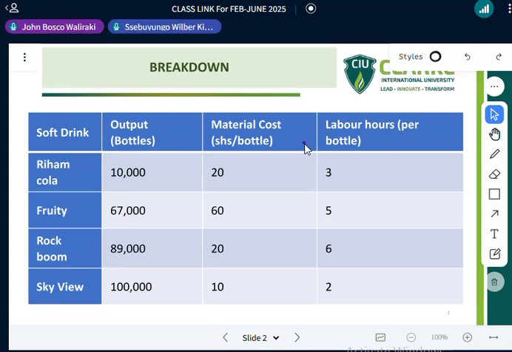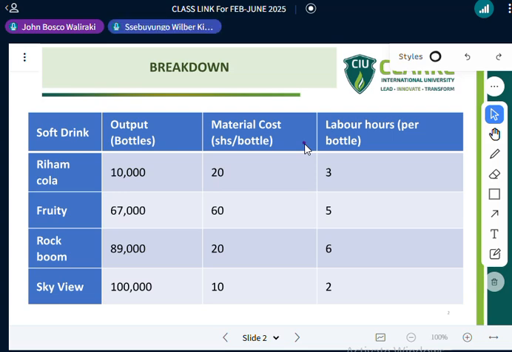Then when you look at labor hours per bottle, that means that for a bottle to be produced, if it is Riham cola, 3 hours will be spent on producing a bottle.